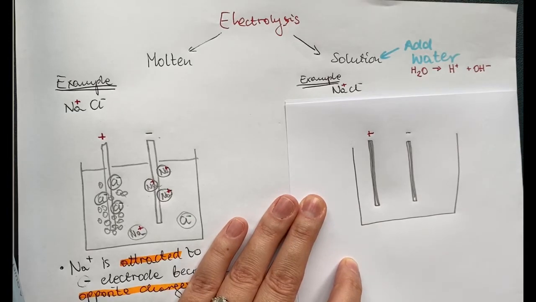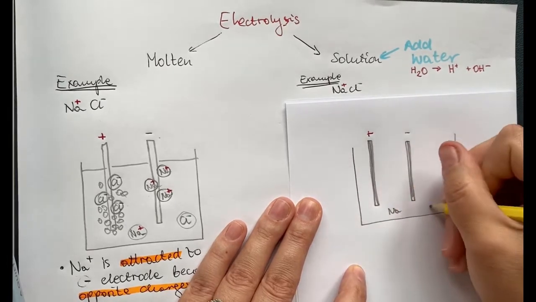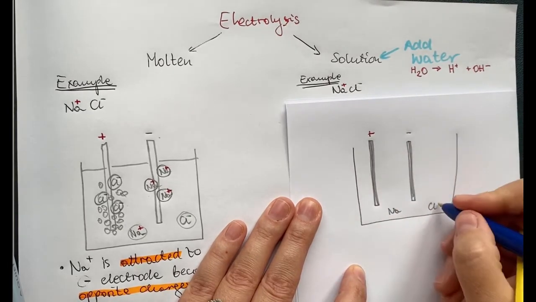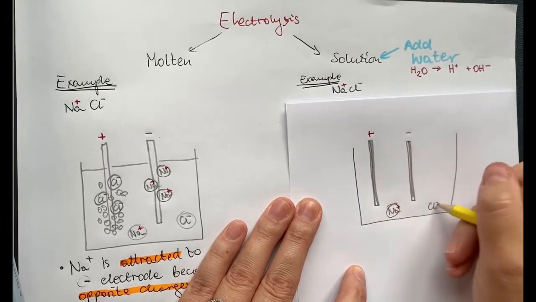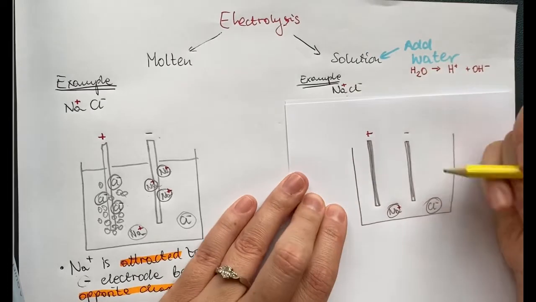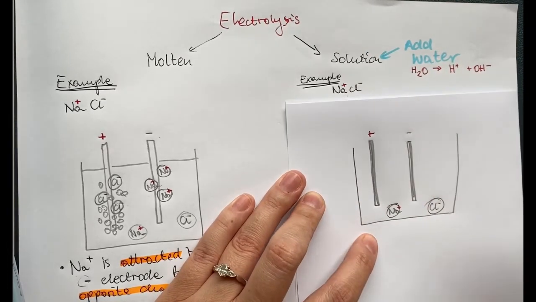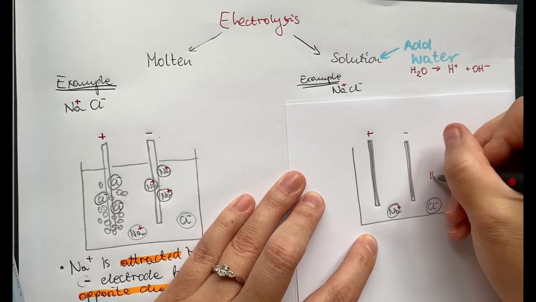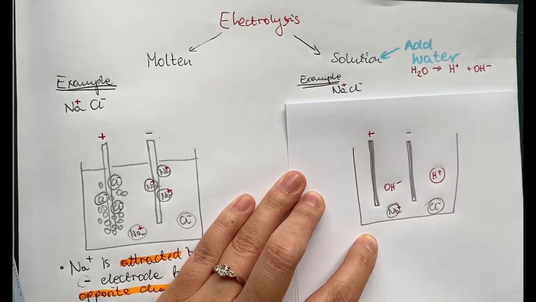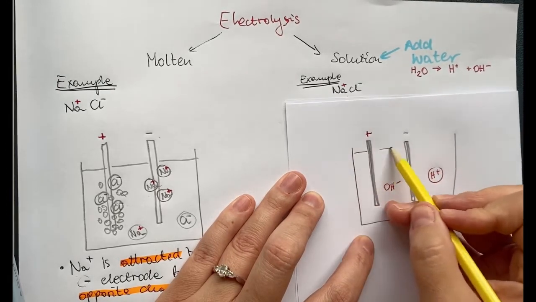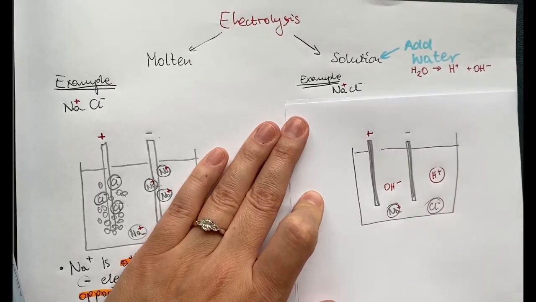And so I know I've got sodium ions and chloride ions, one of them negative, the other positive. But I've also got the ions which come from water, which will be H+ ions and OH- ions. Now in electrolysis, only one type of ion can deposit on one electrode.